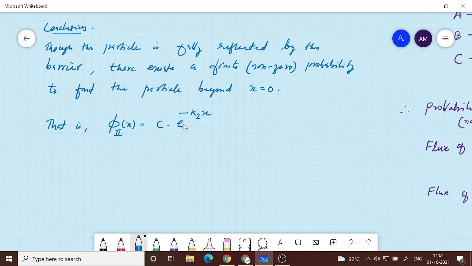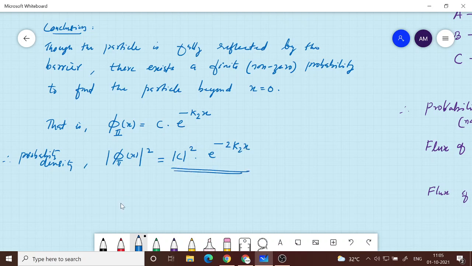If I take the modulus of this whole squared, the probability density is equal to modulus C squared into e raised to minus 2 kappa x, when I square it.